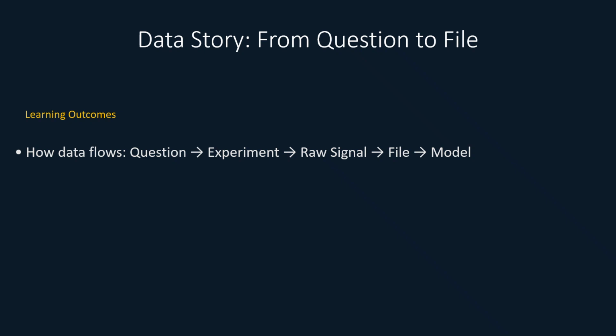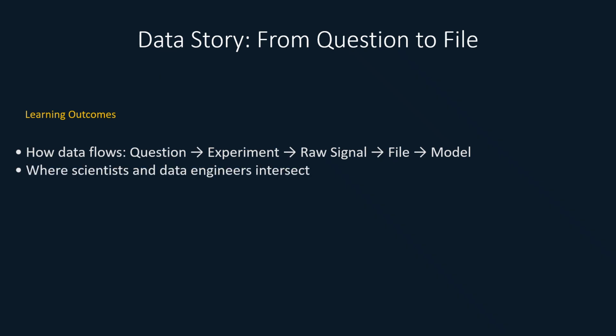So we are looking at how biological data actually become a file you can model. A scientific question drives an experiment. You know this, right? And then that experiment produces a raw physical signal.